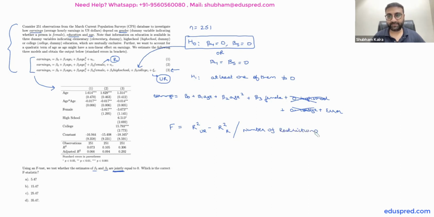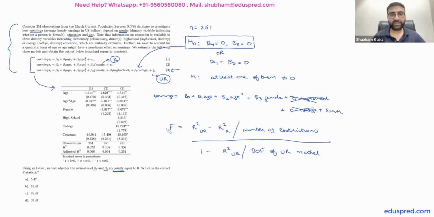So I'm just going to write the complete thing: R square of the unrestricted model minus the R square of the restricted model divided by the number of restrictions. You can use whatever notations you want to use for the number of restrictions. This is divided by 1 minus R square of the unrestricted model divided by degrees of freedom. DOF means degrees of freedom of the unrestricted model. Now let me explain this.